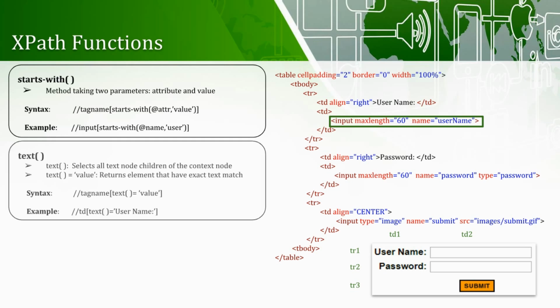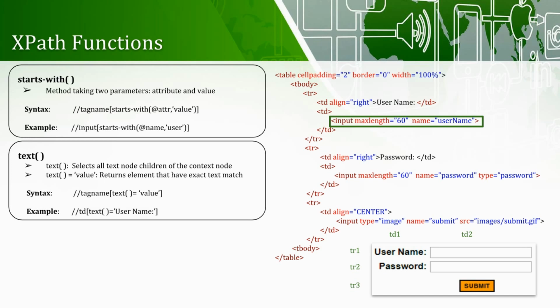The second method is text function. The text function selects all the text node of the current node. We have seen text node. Text node is a node that has text and it can be a part of the element node. Now how we can apply condition to the text function? We can write it as text function equals to value.